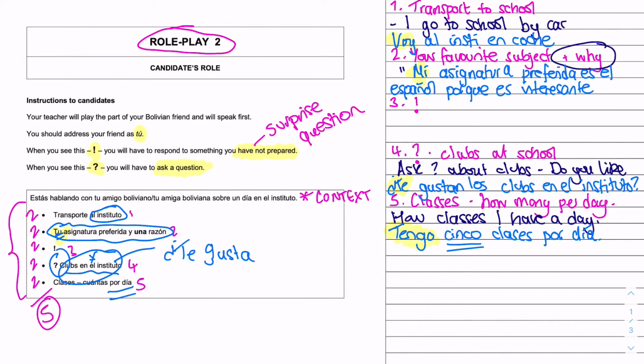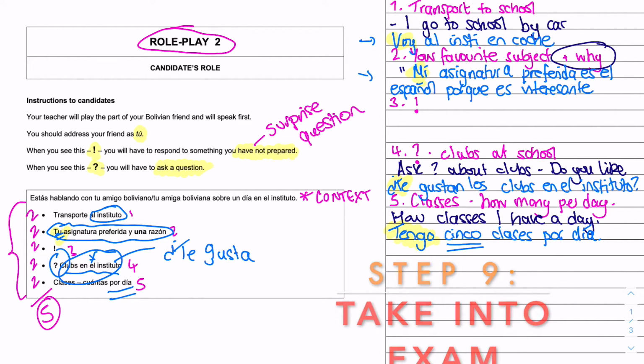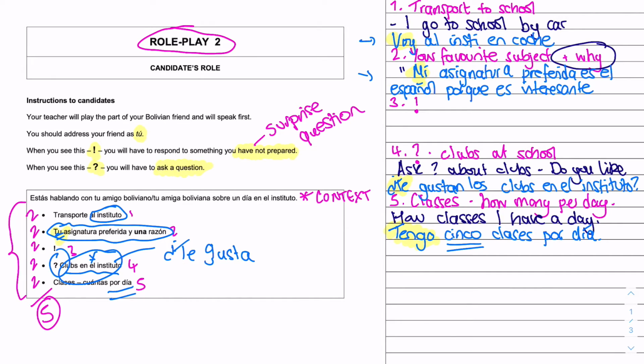Now what I can do after this is take this into the exam. I would keep my finger, and when my teacher asks me a question, I just follow through with my finger as I go and read out where I'm at. Now for this surprise question, there's one last thing I encourage you to do, and it's on the bottom of your notes: write puedes repetir, which means can you repeat?